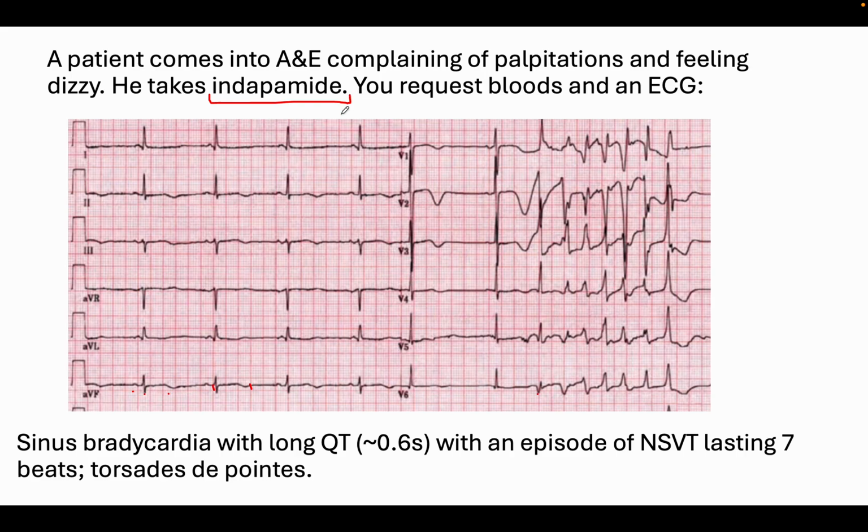Now, indapamide is a drug that can cause hypokalemia, and hypokalemia can cause QT prolongation, and that's probably what's caused this patient to start having torsades de pointes, which is causing his palpitations. So it's about linking the patient's symptoms, the bloods, and the ECG together. Obviously, in the script, the bloods haven't come back yet, but hopefully when they come back, you'll see that there's a hypokalemia, and then you'll be able to tie everything together.